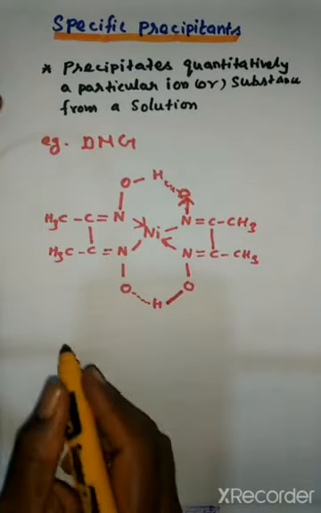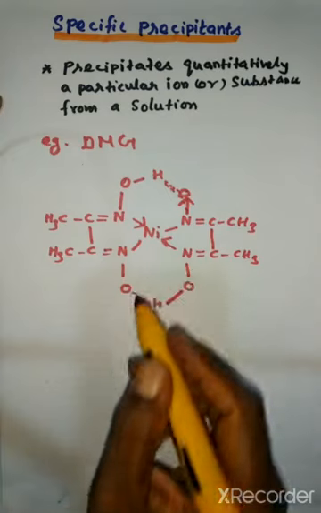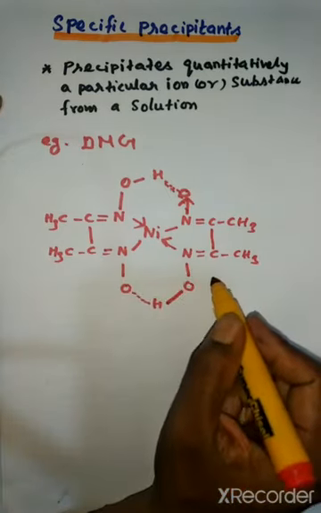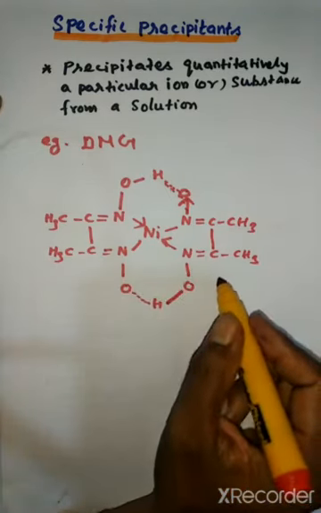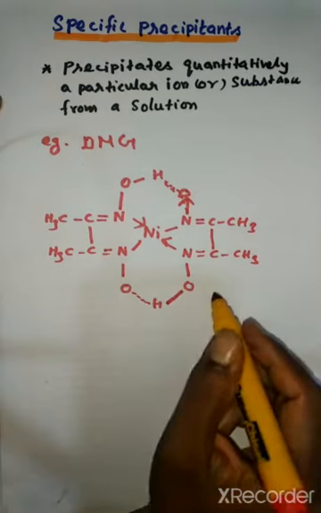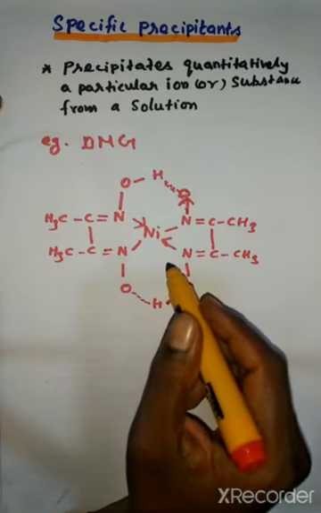Like that, oxine. This is the structure of nickel DMG, the precipitate formed.